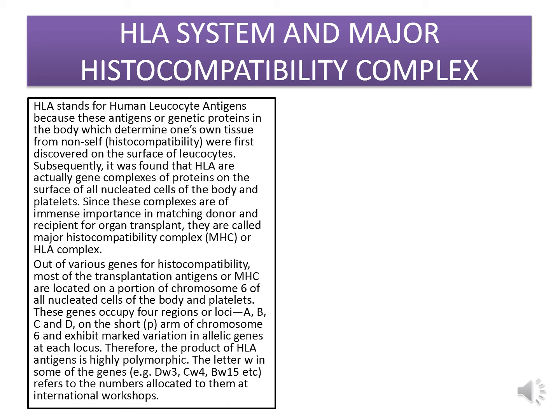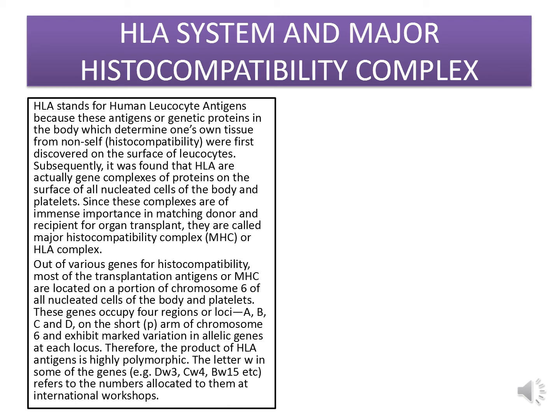Out of various genes for histocompatibility, most of the transplantation antigens or MHC are located on a portion of chromosome 6 of all nucleated cells of the body and platelets.